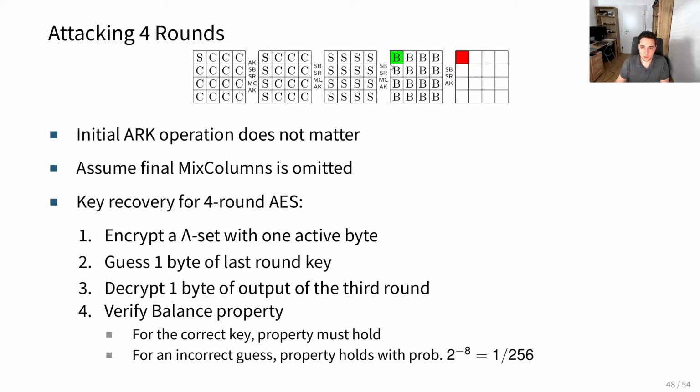And if this property holds, so if this byte is still balanced, then with a very high probability the key guess was correct. And if it doesn't hold, then with high probability the key guess was wrong, because the property holds for an incorrect guess only with this probability here.